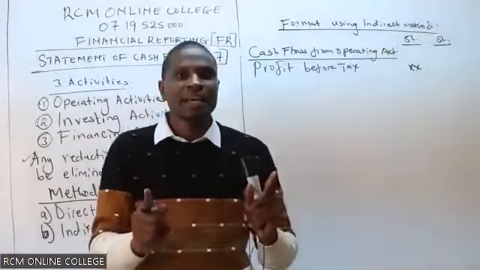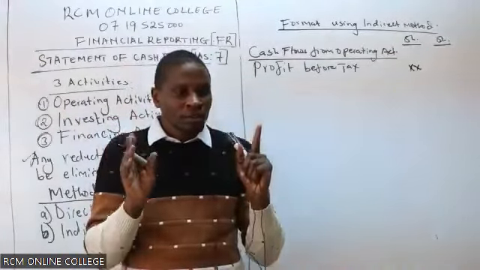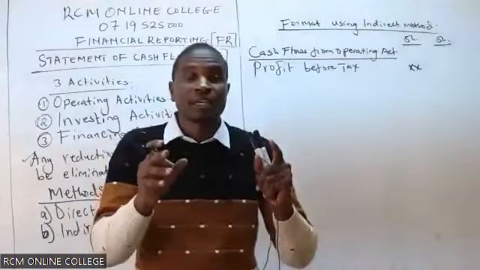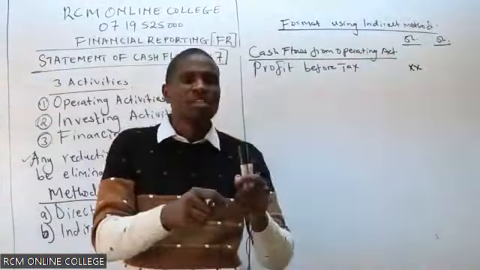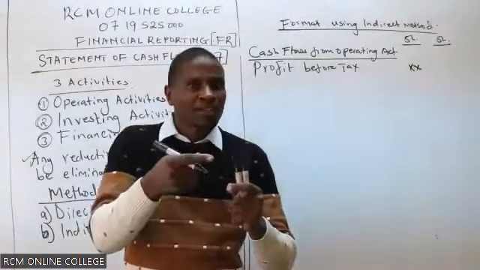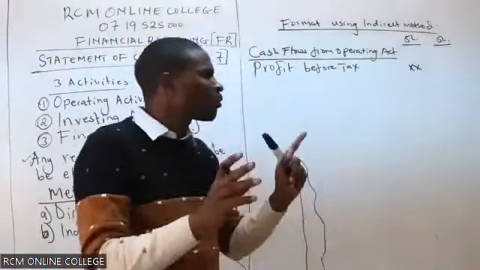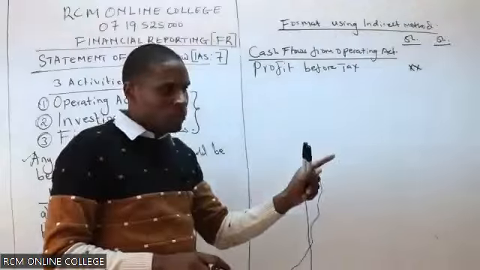Sometimes, the examiner can give you profit after tax. We shall look at it when the examiner gives you profit after tax. That means we shall be adding tax back. But I don't want us to look at that right now. I want us to first look at when we have been given profit before tax.